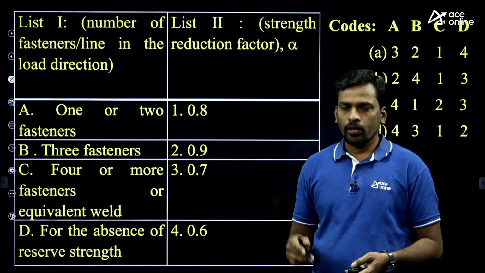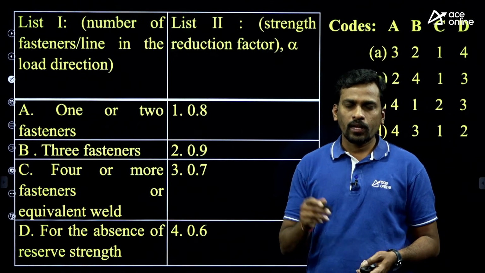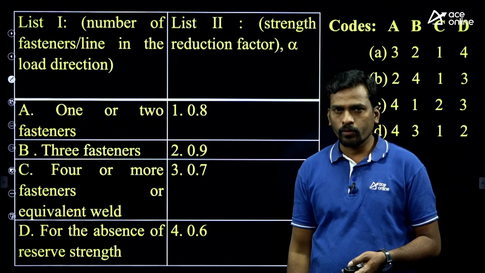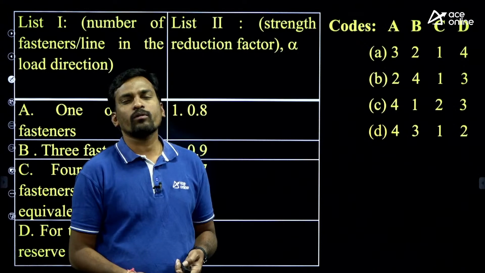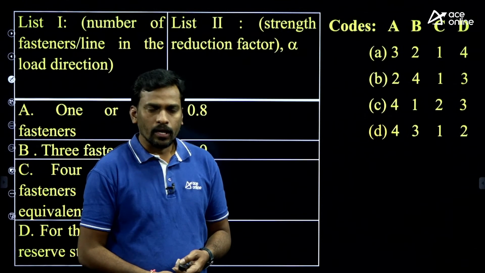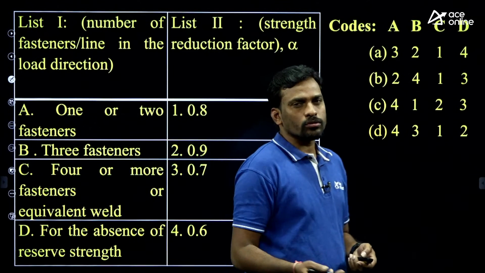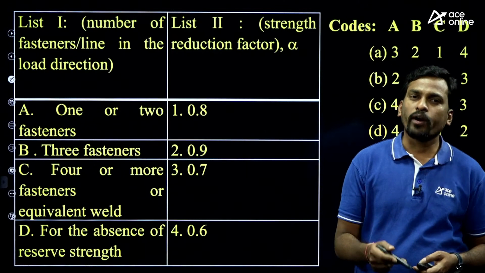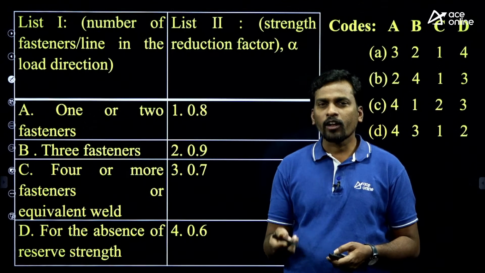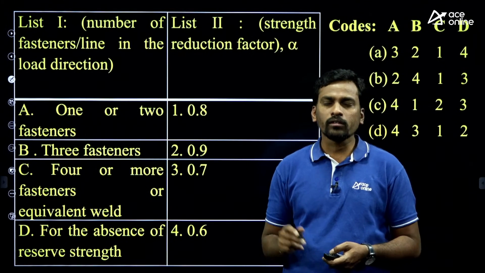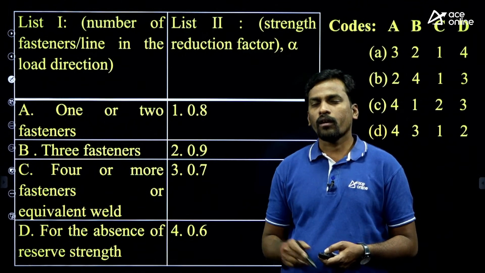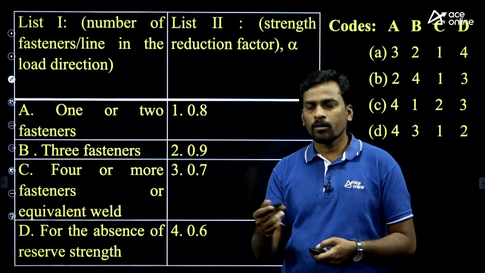If the number of bolts is less than or equal to 2, then alpha equals 0.6. If the number of bolts equals 3, then alpha is 0.7. If the number of bolts is 4 or more, or in the welding case, it is 0.8.